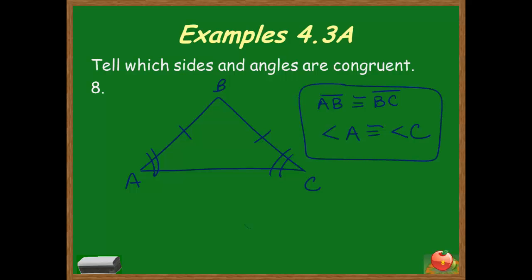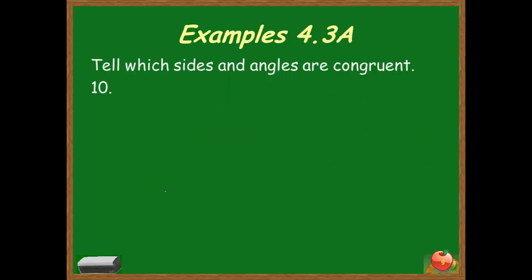All right, the next one we're going to do is number 10. So I'm going to draw number 10 and you're going to take a look at it. And this one tells us that the base angles are 50 degrees each.